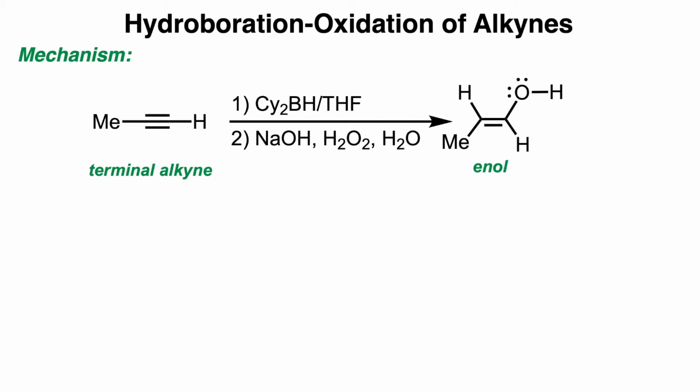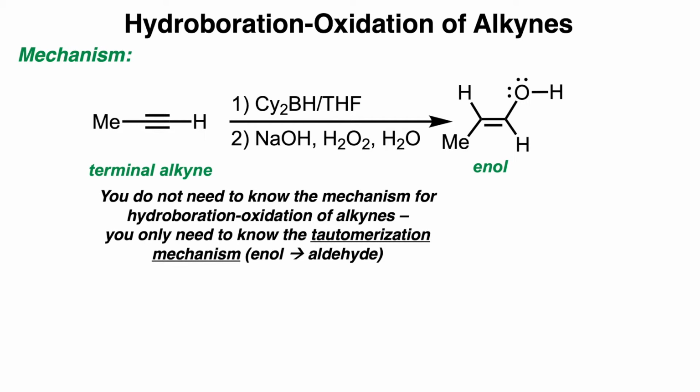For hydroboration-oxidation of alkynes, you do not need to know the mechanism on how to form the enol. You just have to remember that this follows anti-Markovnikov's rule, so the alcohol group should add to the less substituted side of the alkyne. But you do need to know the following steps for tautomerization.